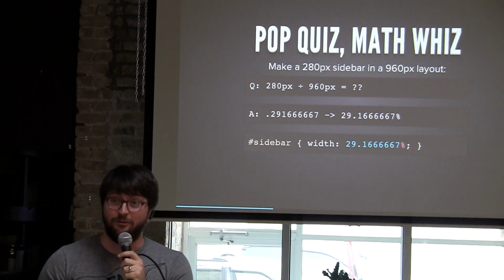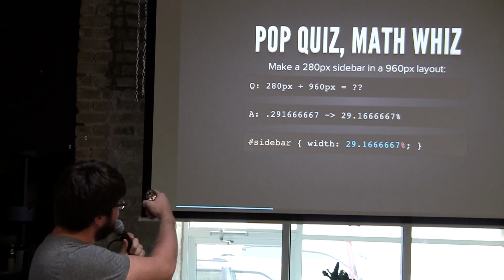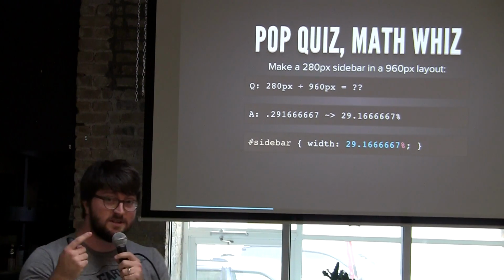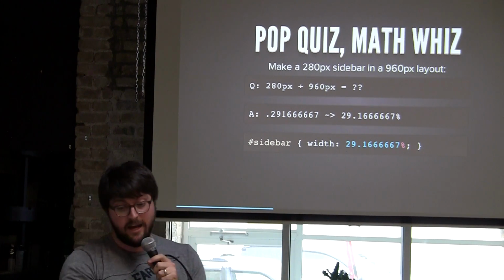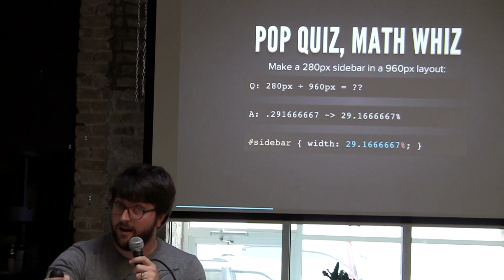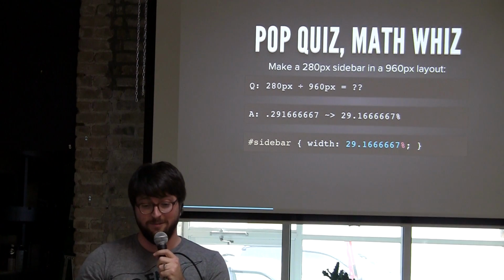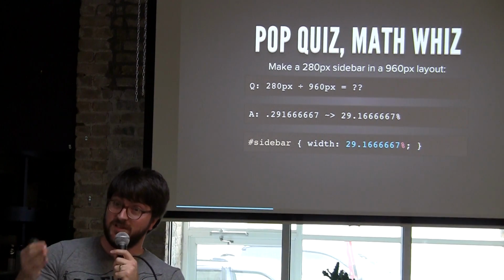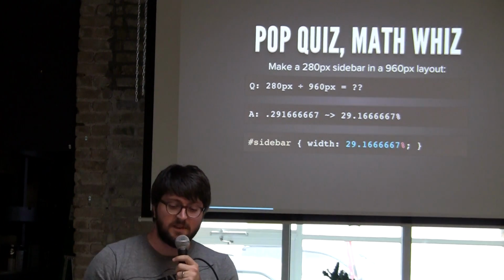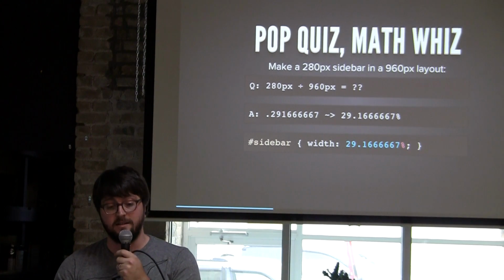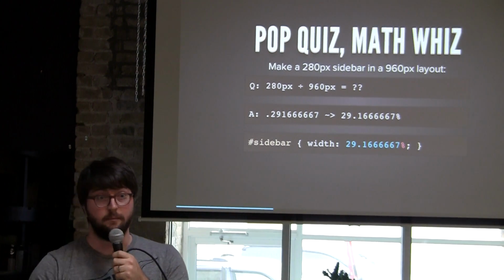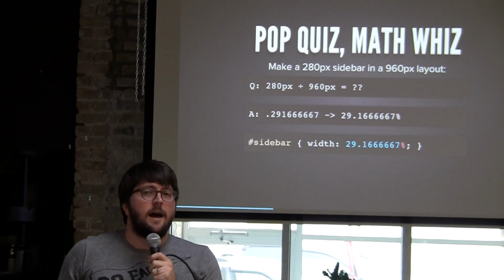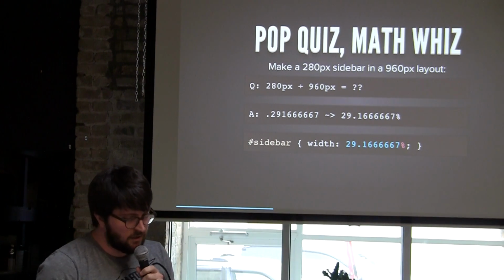The number is awful, it's like 0.29, that's really terrible. So what you do is you take the .2916 and you times it by 100. You're following me, and then you get a percent. And then you just pop that into your CSS as width: 29.167%.